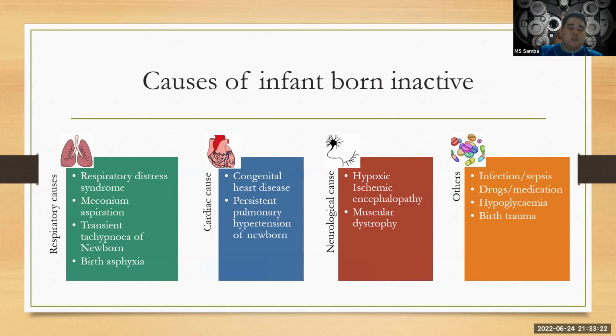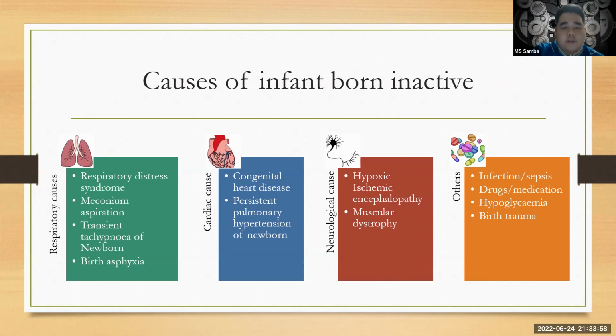Usually this condition happens in a child born via emergency cesarean section, because if the child is born via spontaneous vaginal delivery, the passage of the child through the vagina will assist the clearance of fluid from the lung. And then for birth asphyxia, it may be due to cord prolapse, placental rupture, or placental insufficiency.